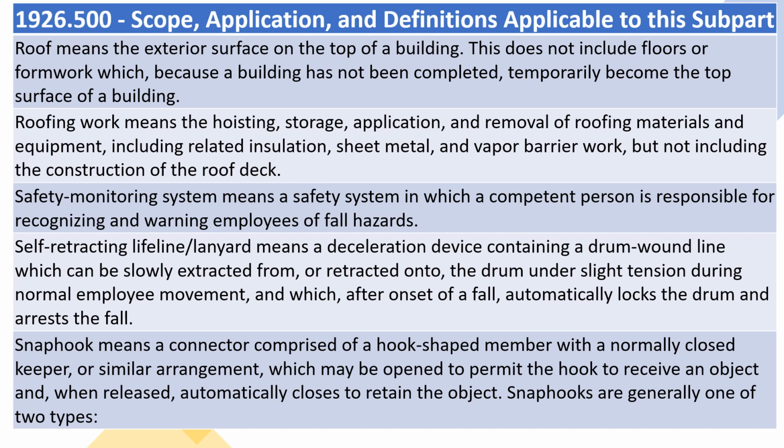Snap hook means a connector comprised of a hook-shaped member with a normally closed keeper, or similar arrangement, which may be opened to permit the hook to receive an object and, when released, automatically closes to retain the object.